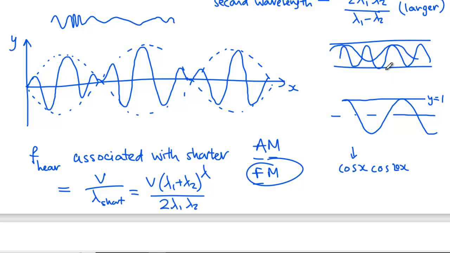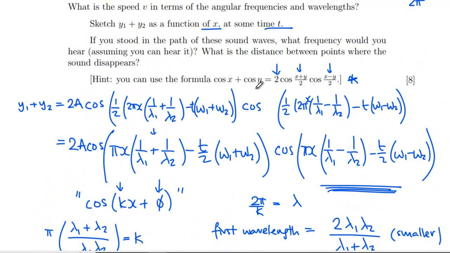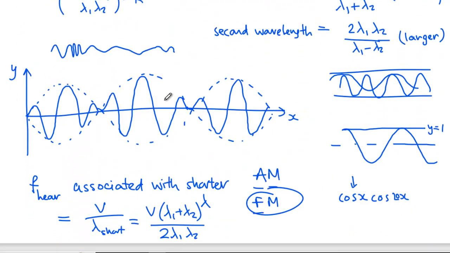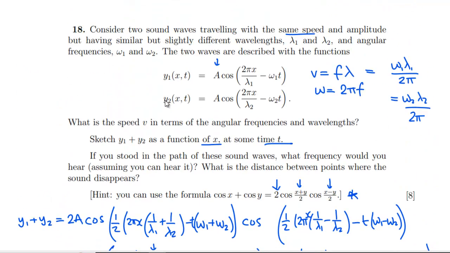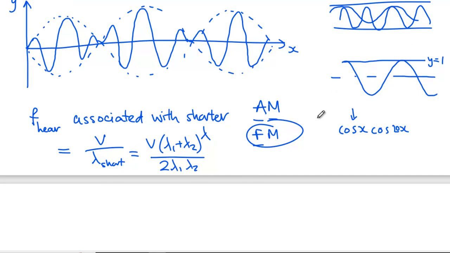Is that all they wanted for that? Can't remember now. What frequency would you hear? Yeah, so that's okay. I suppose we could rewrite that without the V in. And we know that V is omega 1 lambda 1 over 2 pi.